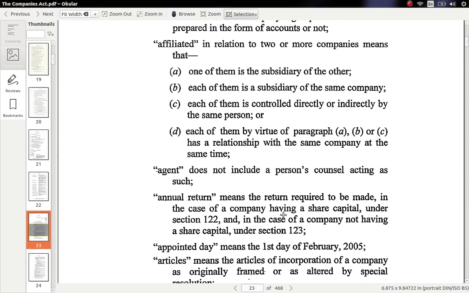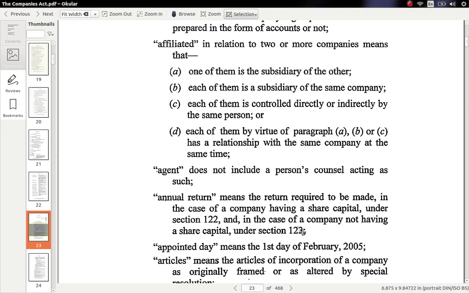Annual return means the return required to be made in the case of a company having a share capital under section 122, and in the case of a company not having a share capital under section 123.